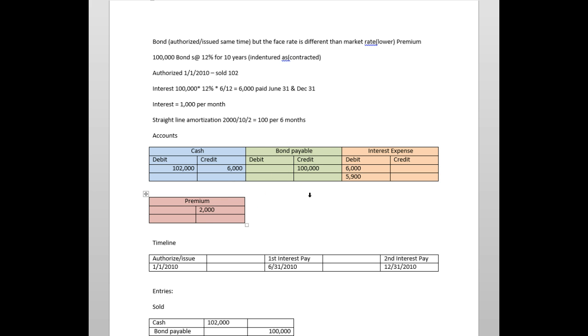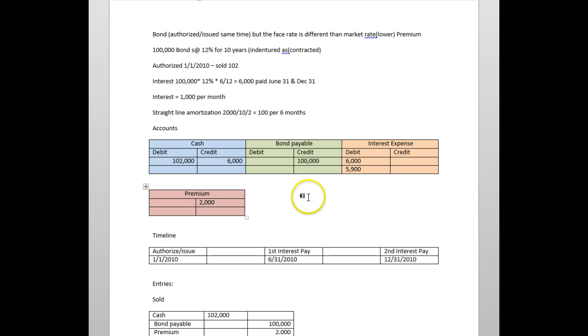And your basic goal of now amortizing this premium, because we want, at the time that this bond will be paid off, this balance here to be zero. It has to be zero, so that we're only paying off the $100,000 bond.